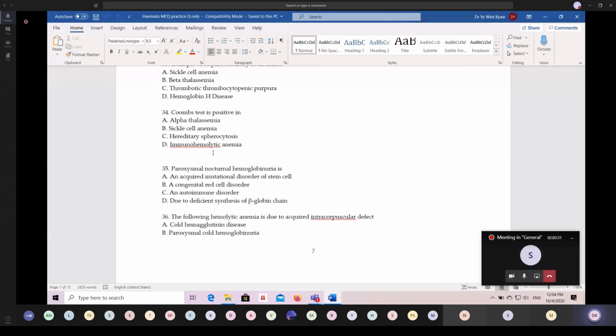B. 34. B. Is it B or D? Coombs test is positive in.